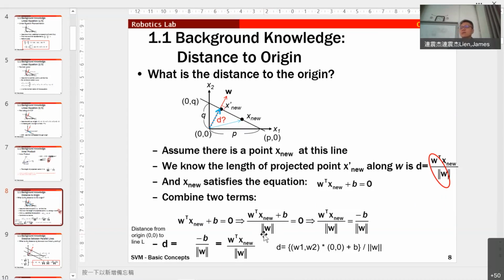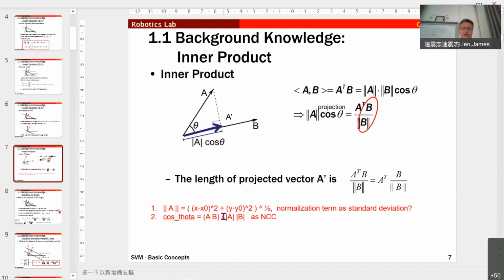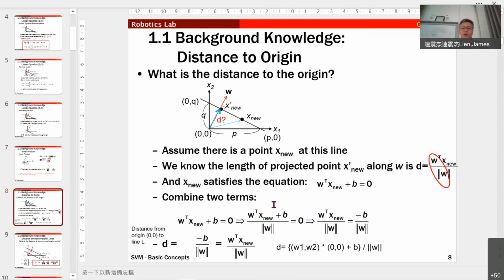Normalization means we normalize something to be between 0 and 1, like a probability. So we normalize by dividing by the norm of W, and then we get this term.